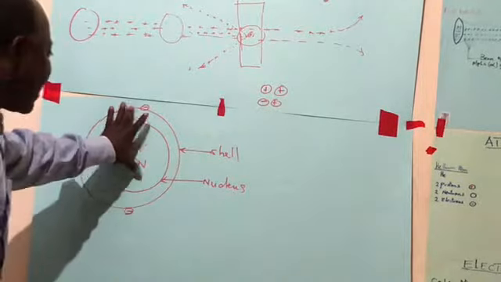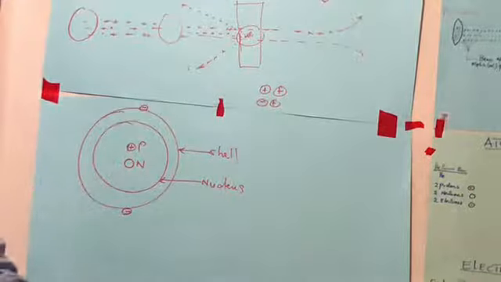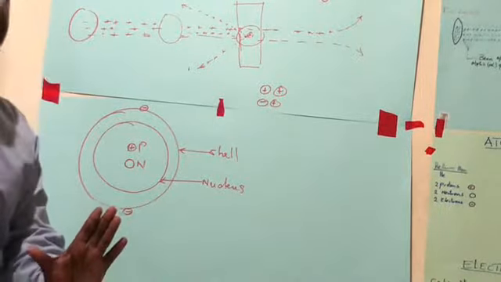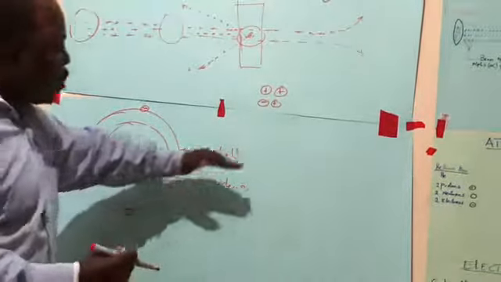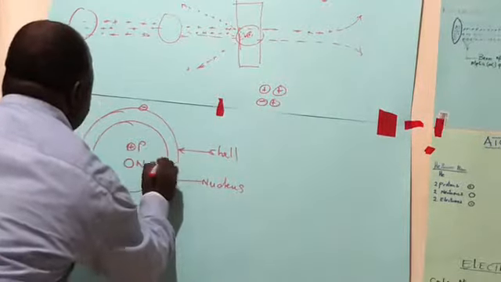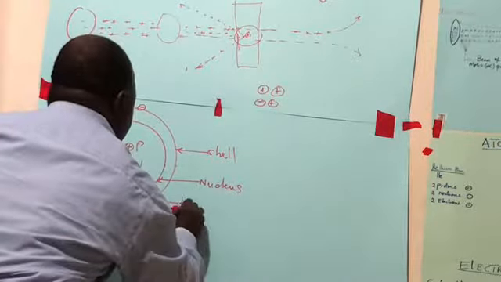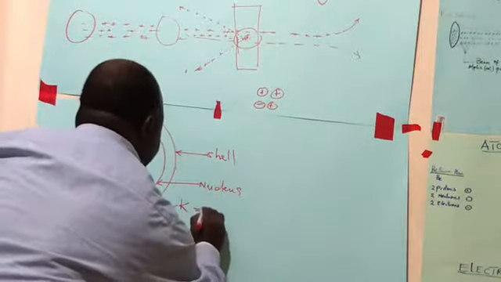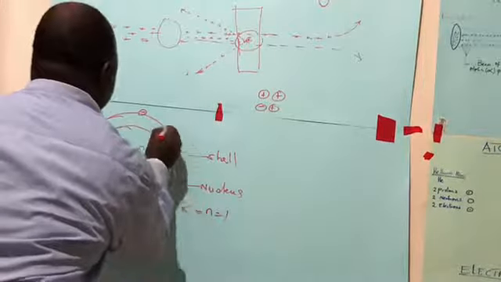And outside the nucleus we have the orbits, which are arranged in shells: the first shell, the second shell, and the third shell. The first shell is called K, which is n equals 1. That's the first shell.